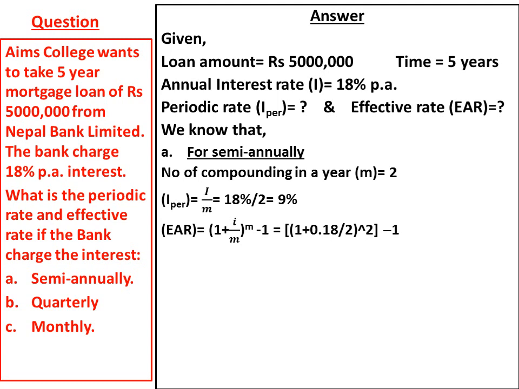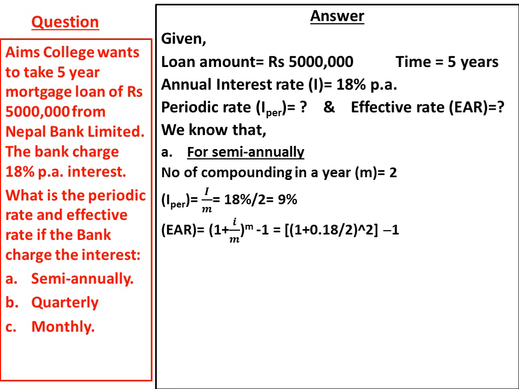This is called the per rupee or per dollar interest rate, per unit interest rate, not a percent. You have to put the decimal value 0.18 as our 18%. 18% means 18 divided by 100, that is 0.18.